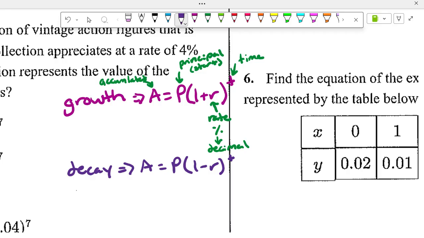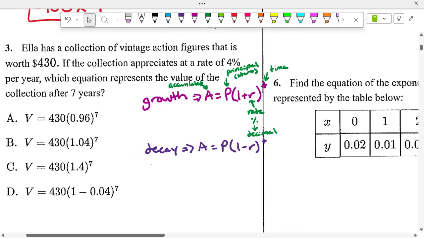So in other words, if you're gaining money, you're appreciating, meaning you're growing. If you are losing money, you're depreciating or decaying. All right. So it's just little words like that that help you determine which formula you use. And again, the only difference between these two formulas is one singular sign. One has a plus, the other one has a minus.